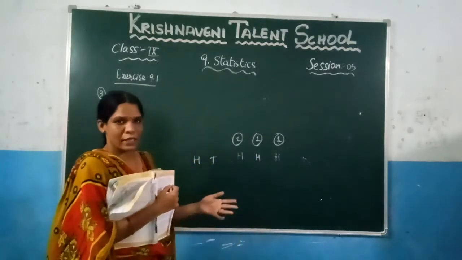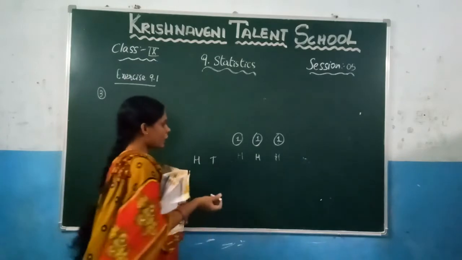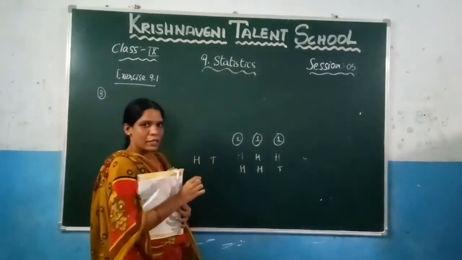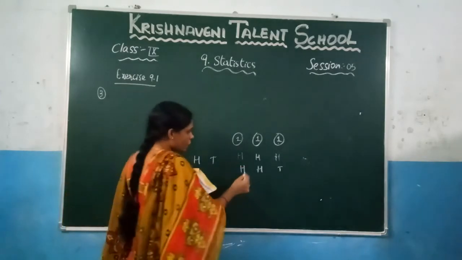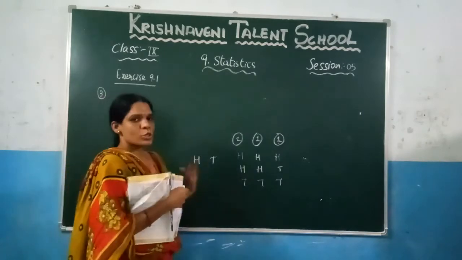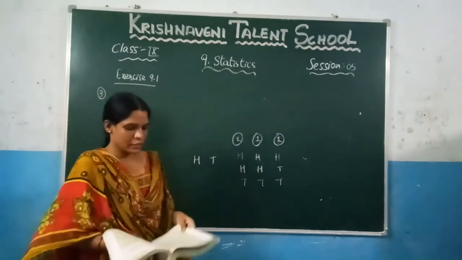This is one possibility, right? Again, you may get two coins as heads and one coin as tail. Or you may get all the coins as tails. So many possibilities will be there in the question.